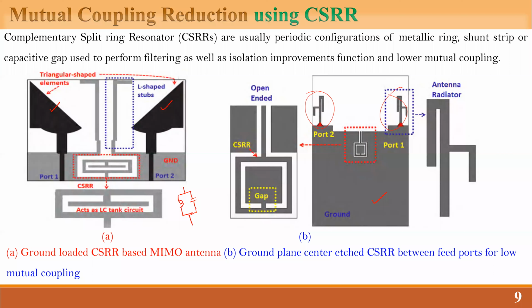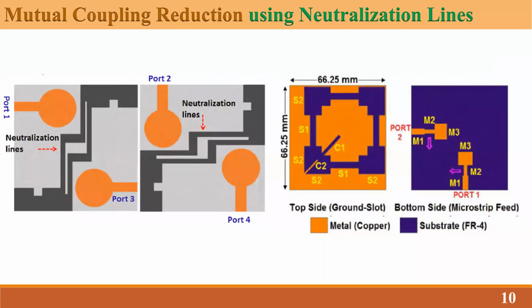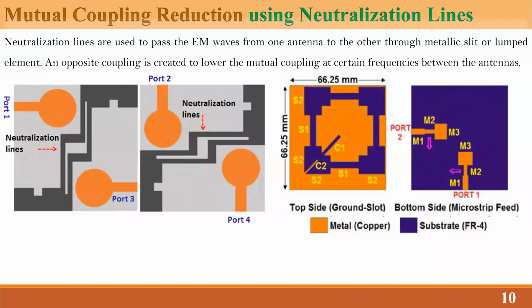Now coming to the next category, the neutralization line. What is a neutralization line? This is also one of the ways one can improve the mutual coupling. Neutralization lines are basically used to pass the EM waves from one antenna to the other through some kind of metallic slit or lumped element. The concept is very interesting. There are two techniques.